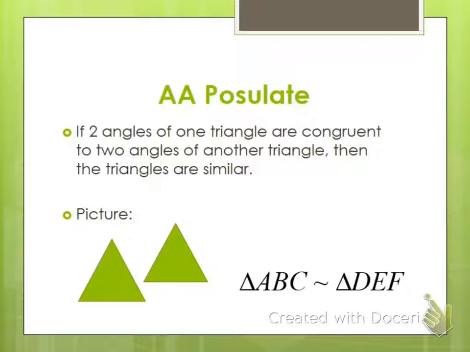So today we are focusing on the AA postulate. It states that if two angles of one triangle are congruent to two angles of another triangle, then the triangles are similar. So I will fill in this diagram down here.